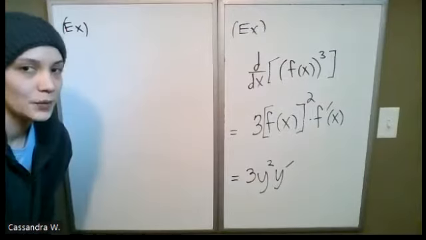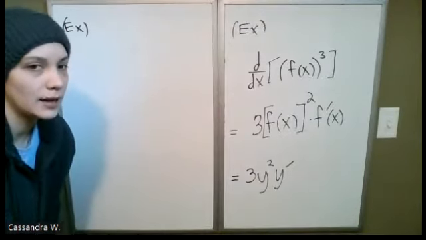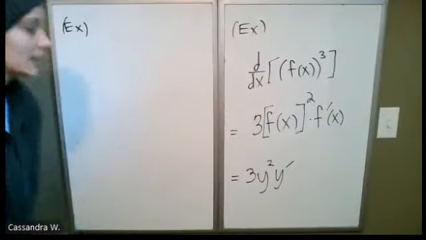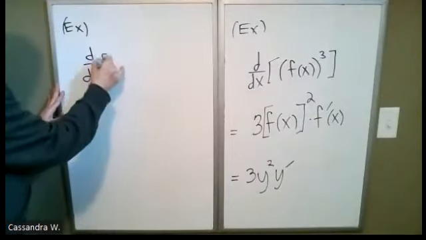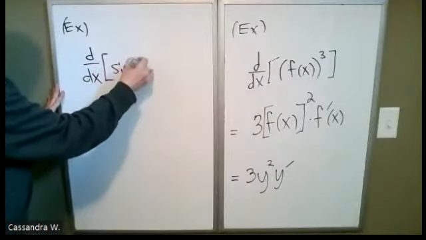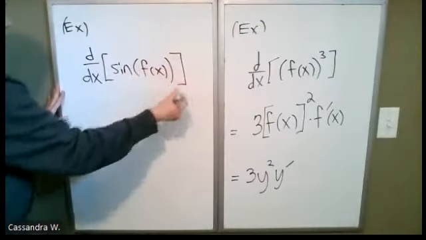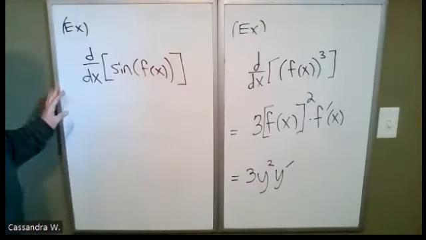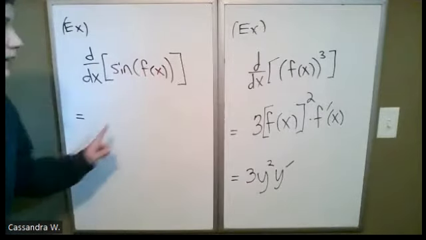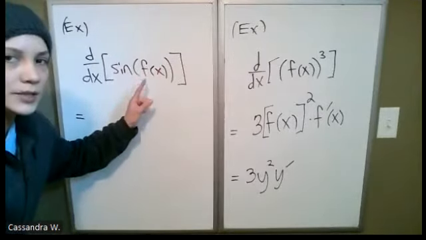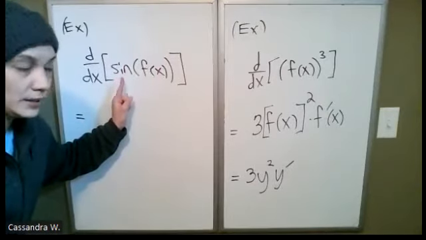Okay, we're taking the derivative with respect to x of sine of some function f of x. With the chain rule, you take the derivative of the outer function, which is sine. The derivative of sine is cosine.